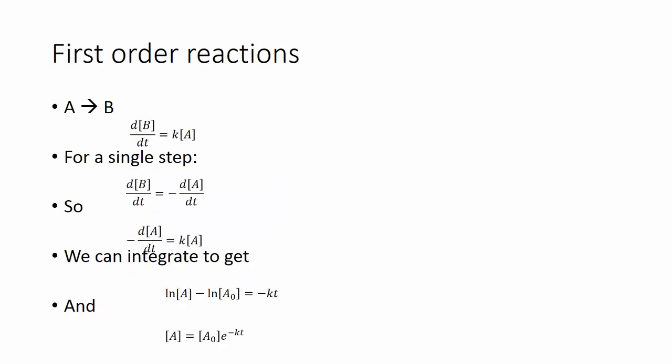First order reactions are slightly different. Say we have A to B, we have a unimolecular reaction. dB/dt is equal to kA, where k is the reaction rate constant. For a single step reaction, dB/dt is equal to the negative dA/dt, so the change in the concentration of B over time is equal to the negative change in concentration of A over time.